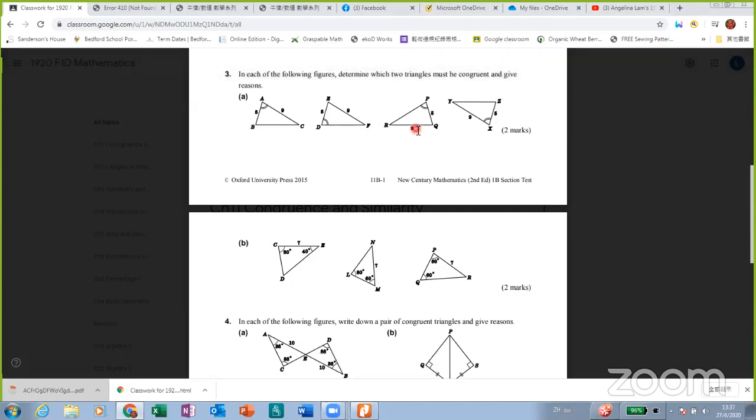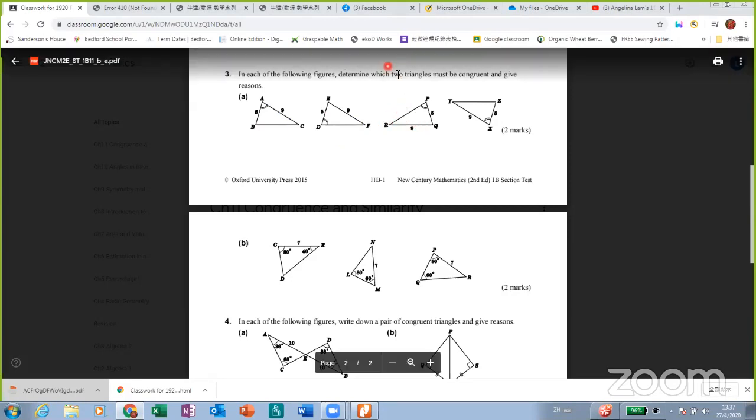And then you can compare these two first. How about these two? This length corresponds to this length, and then this one corresponds to this one.